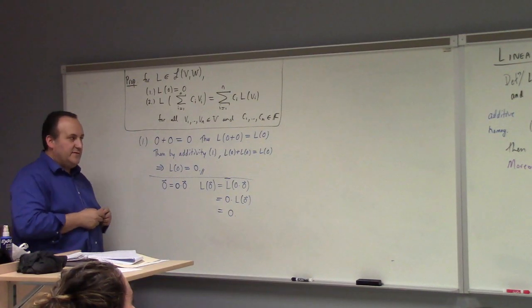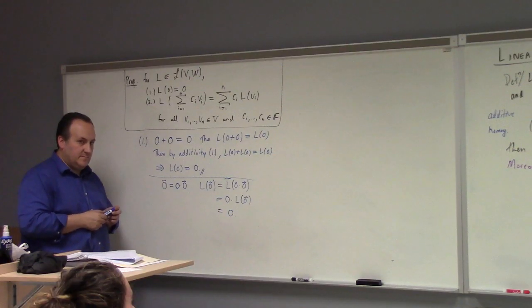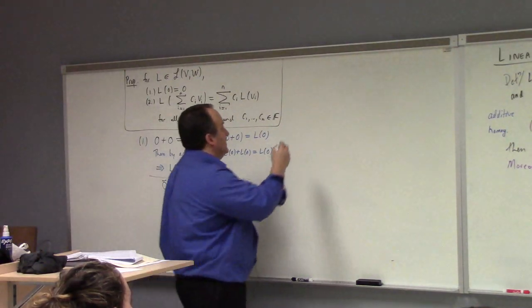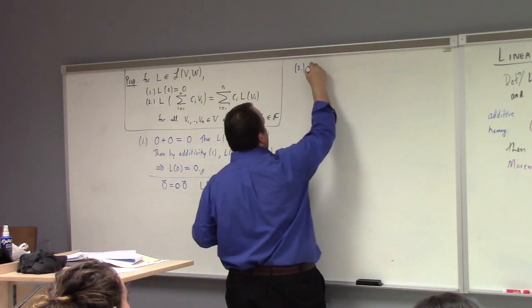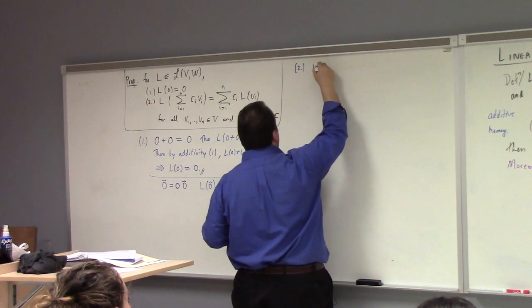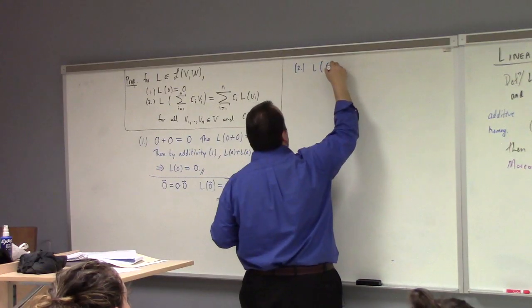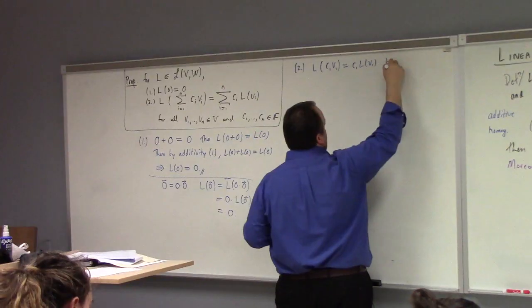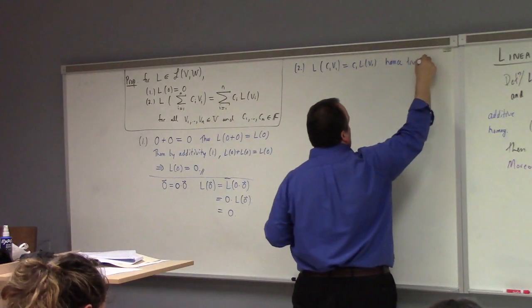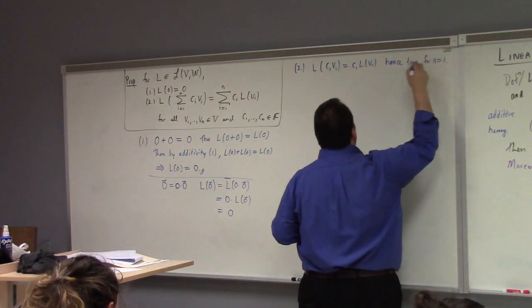So to do this properly, we should use induction, right? So for number 2, notice that L of C1 V1 is just equal to C1 L of V1, hence true for n equals 1.